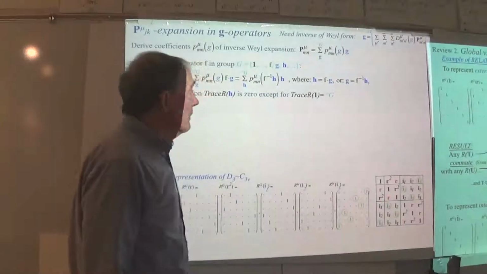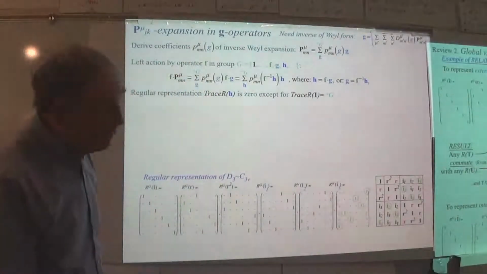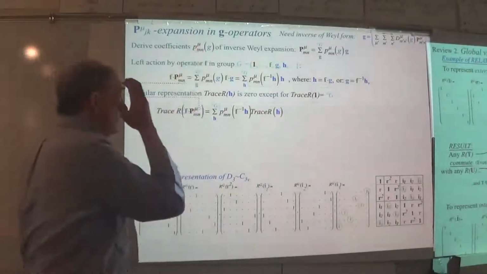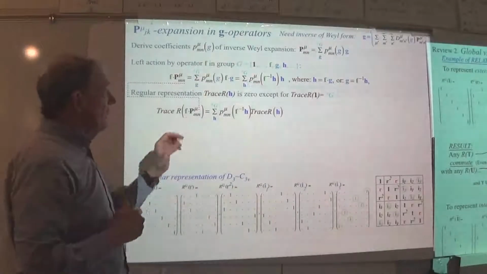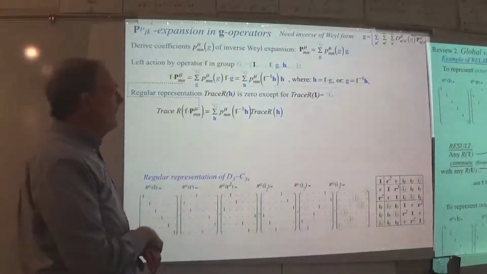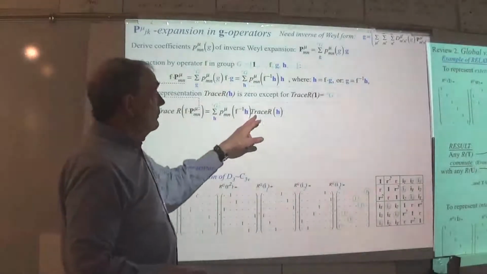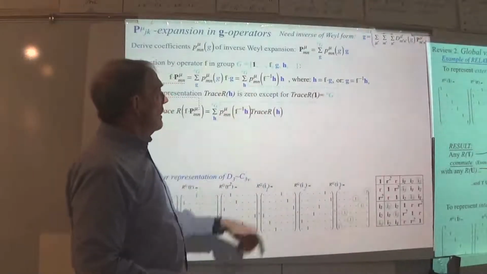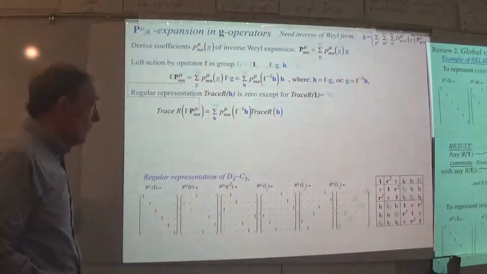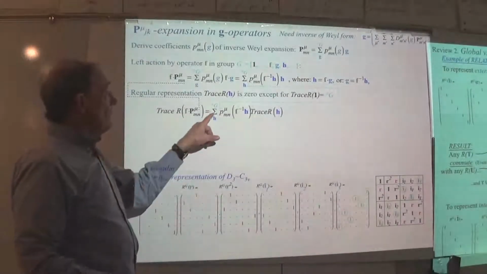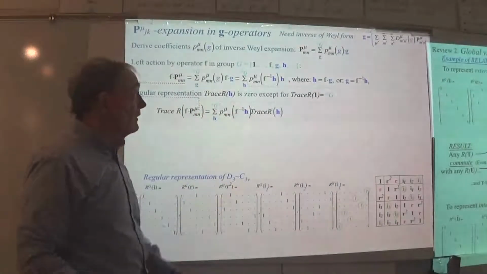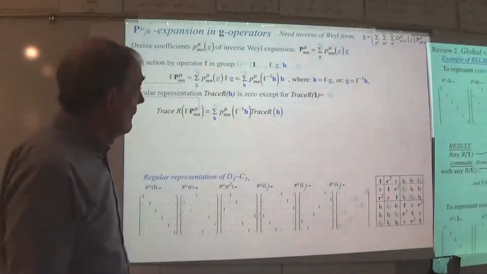So that's a coefficient that we're going to have in this thing we're trying to derive. The trace of this operator is the sum over H, and this is a coefficient that I'll put here. So this is a sum between H and the order of the group, so you can kind of see where we're going with that.